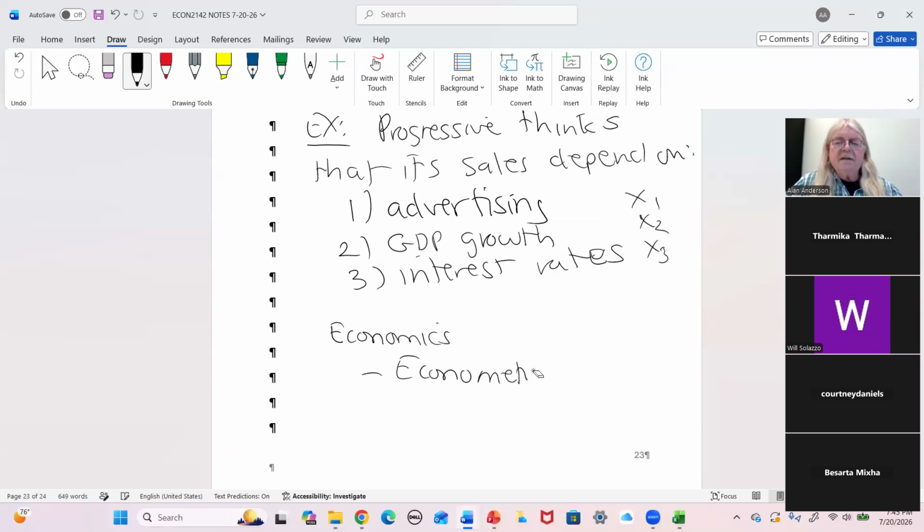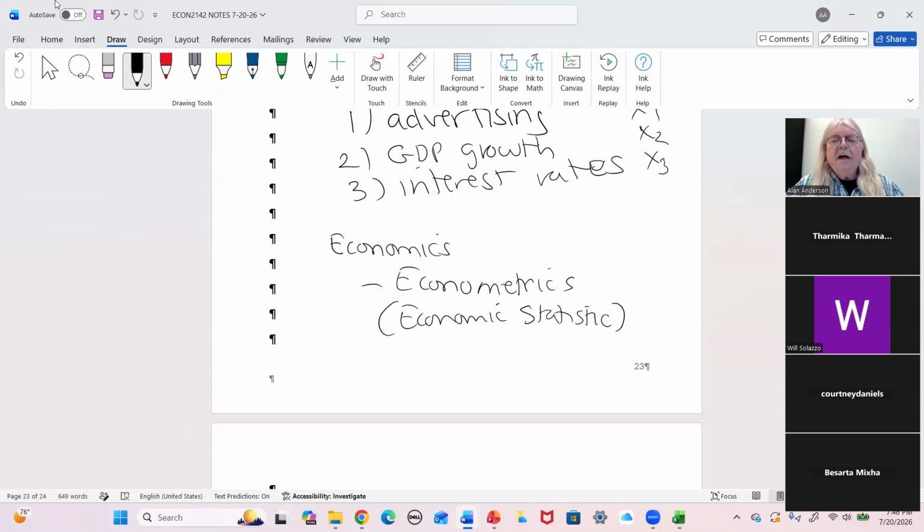Basically, economic statistics, with a fancy name. Every discipline has its own specialized features. They need certain parts of statistics and they don't really need the rest. So a class in econometrics would be very different than, let's say, biostatistics or psychological statistics or something like that. But what I'm getting at here is that this is where you would find out what multiple regression is all about. So they do offer this in the economics department.